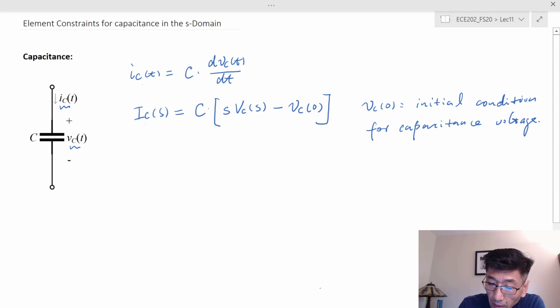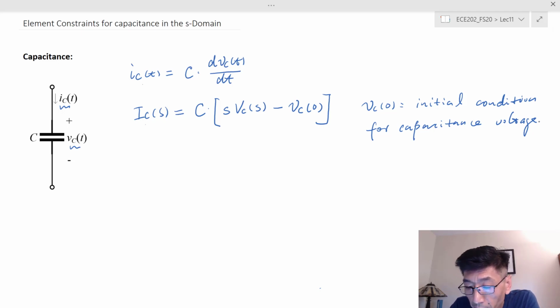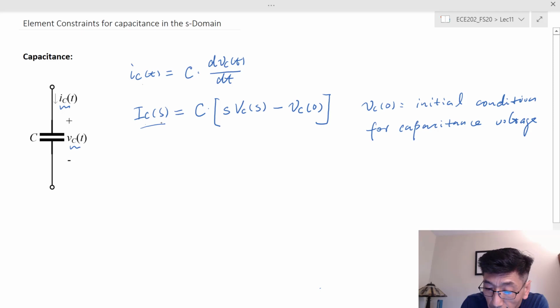Okay, and in this case we can write the equivalent circuit, and in the equivalent circuit we're based on current, so we're going to use the KCL. So I have a total current here, I sub C(s), and this total current has two components.